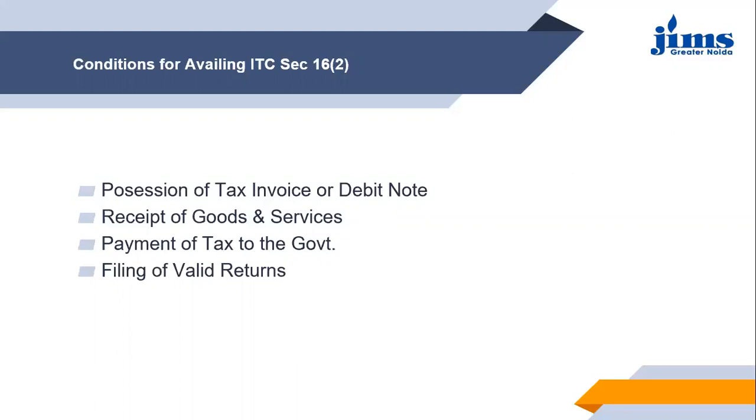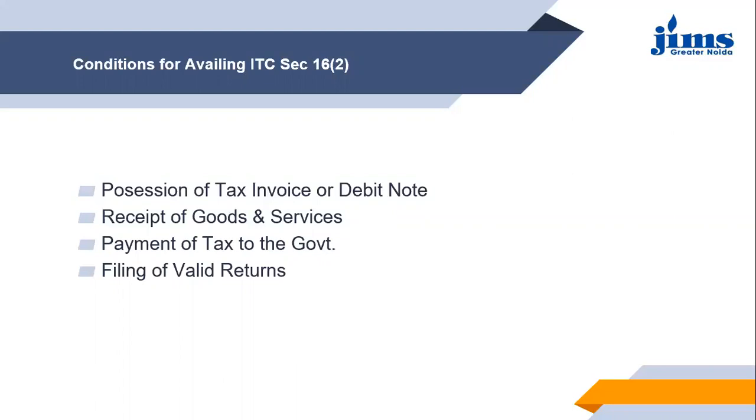Then next is payment of tax to the government. See, this is a very essential condition under the conditions for availing ITC, that payment of tax has been done to the government. You all know very well that it is the responsibility of your supplier to pay the tax.